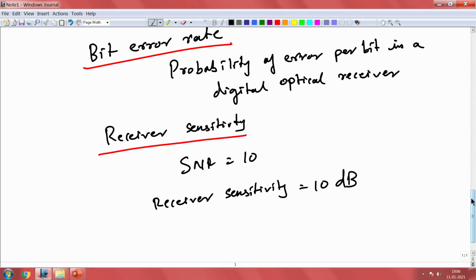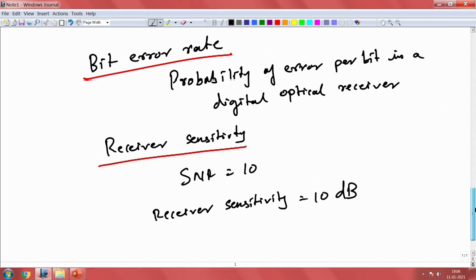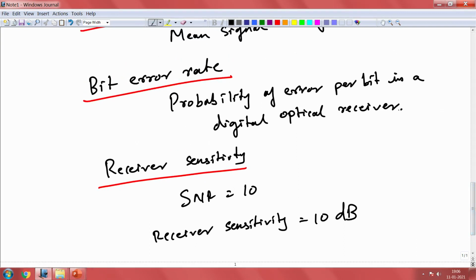This is also coupled with your bit error rate, in any digital receiver. So, you need a minimum energy that is required to get a certain bit error rate. The bit error rate, for example, we give something like 10 to the power of minus 9 or better, let us say.